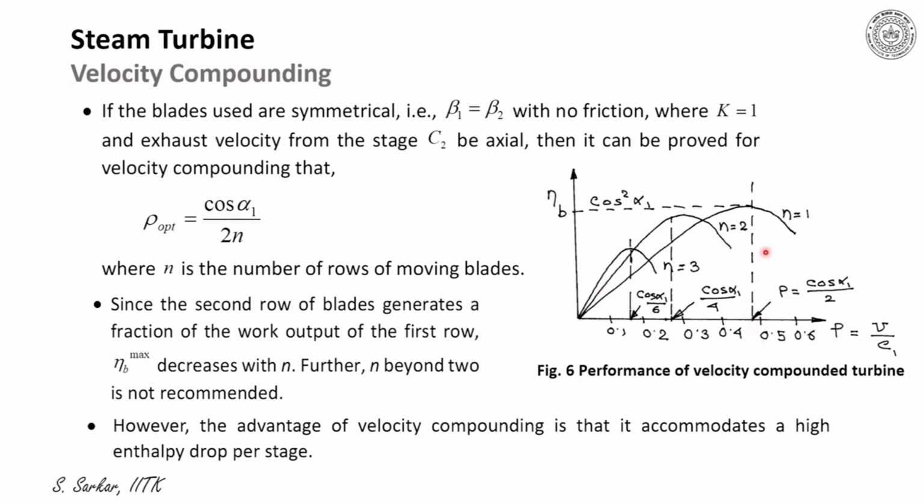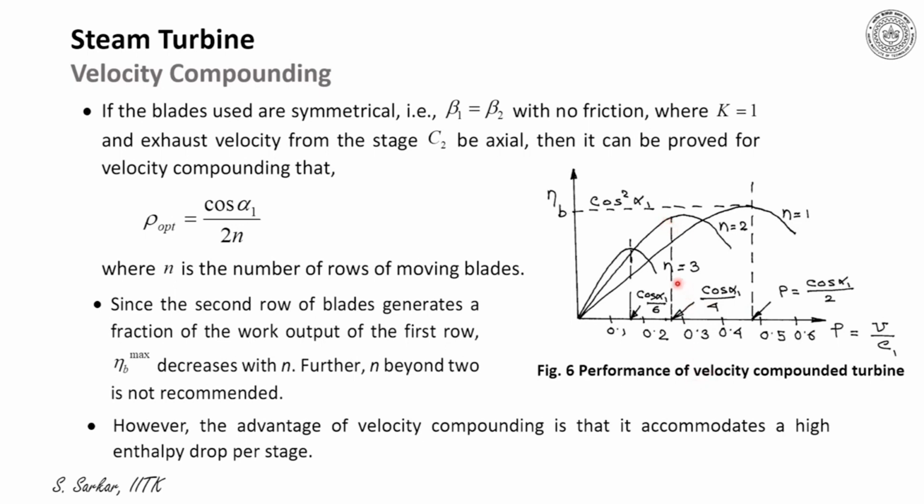Thus, for n equal to 1, which is a simple impulse turbine, rho optimum would be equal to cos alpha 1 by 2, and efficiency is cos square alpha 1. For n equal to 2, the optimum blade speed ratio would be equal to cos alpha 1 by 4, and the efficiency is decreased.